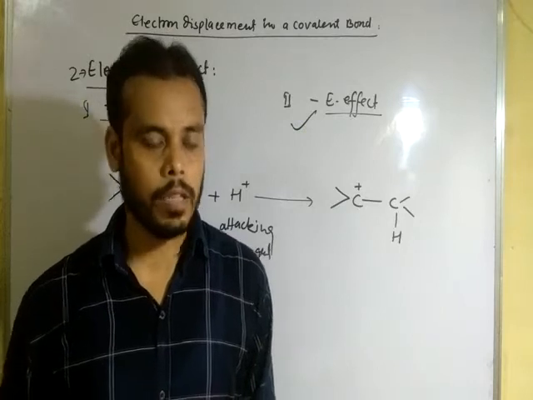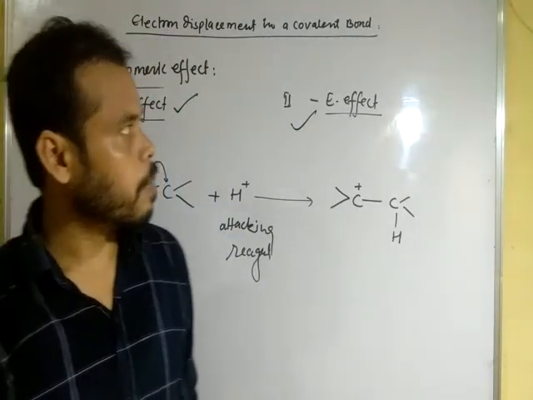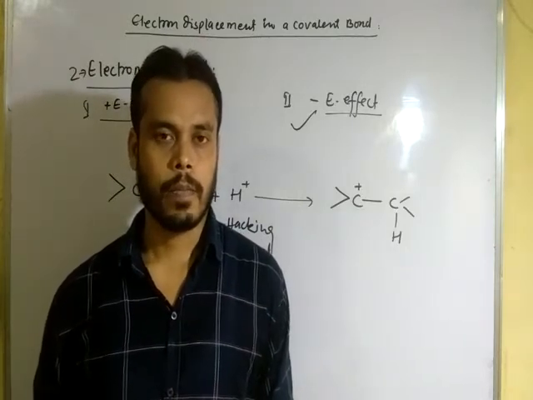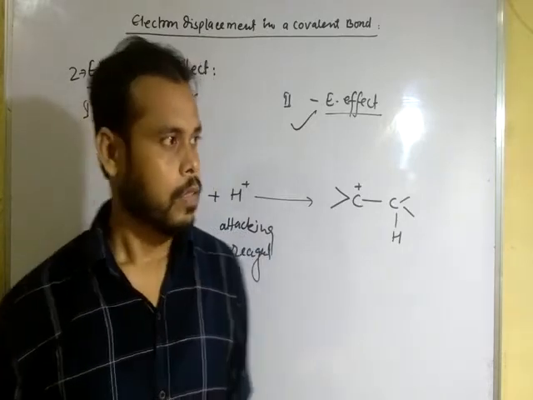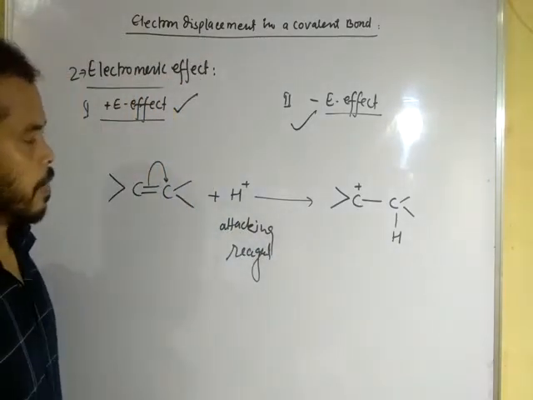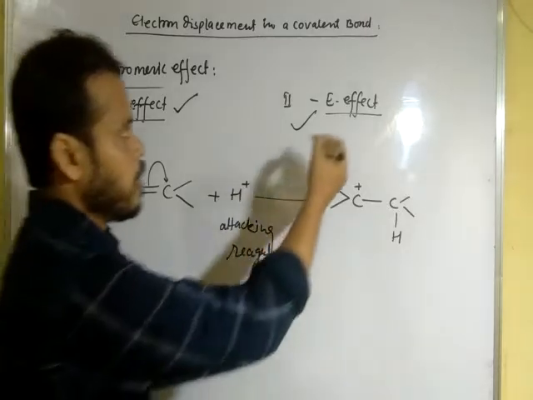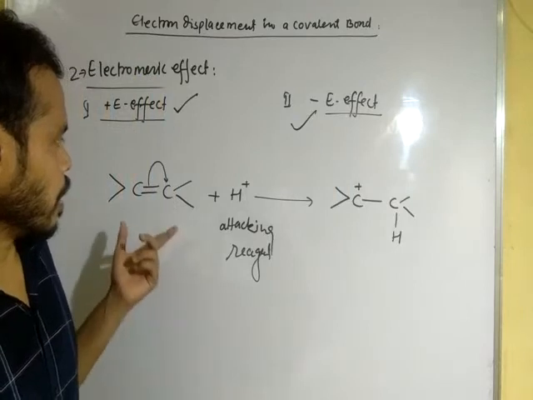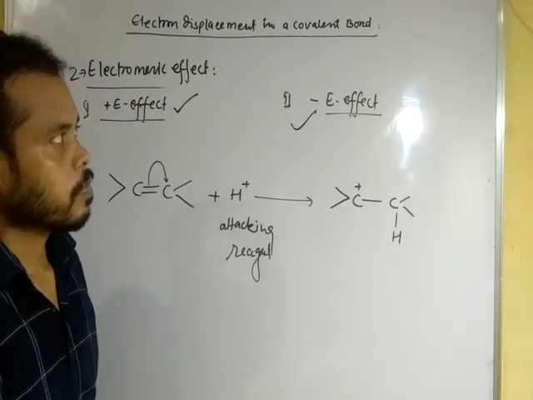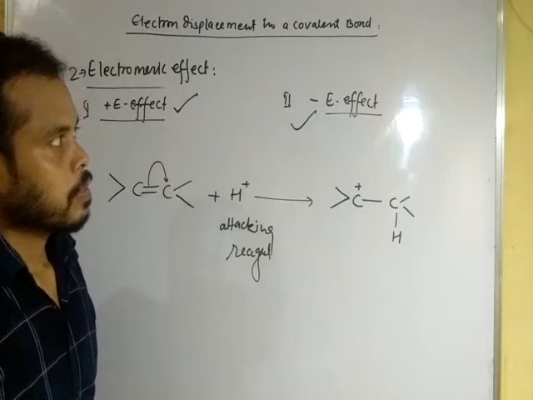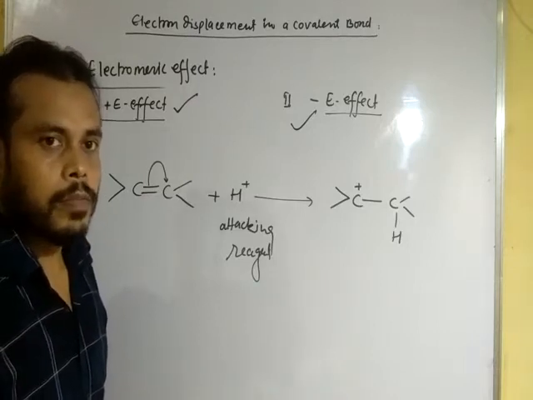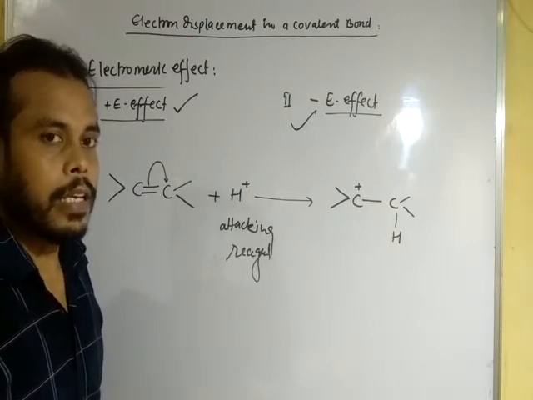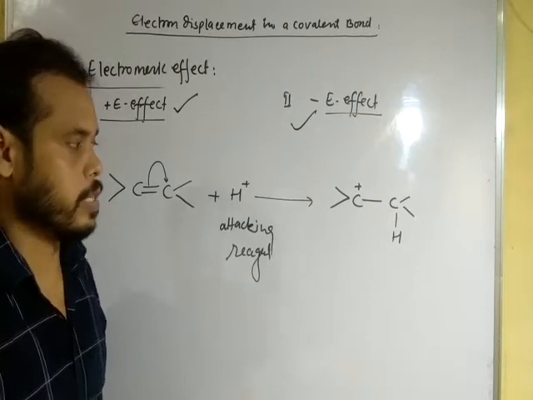The second one is the minus electromeric effect. In this effect, the displacement takes place away from the attacking reagent. In other words, the electrons transfer to those atoms on which the attacking reagent is not attached.